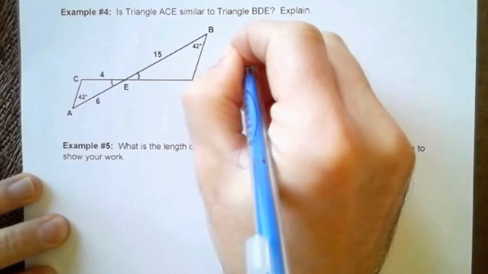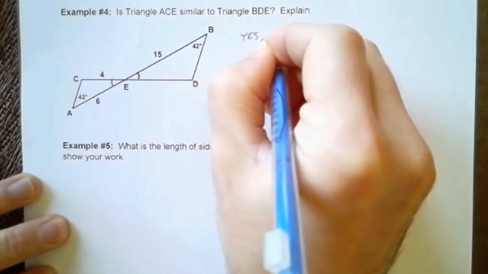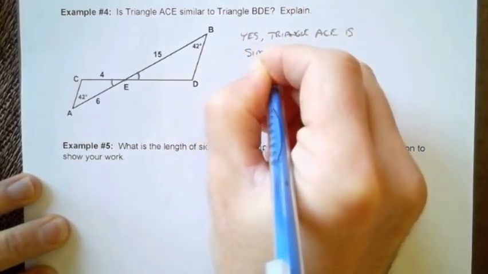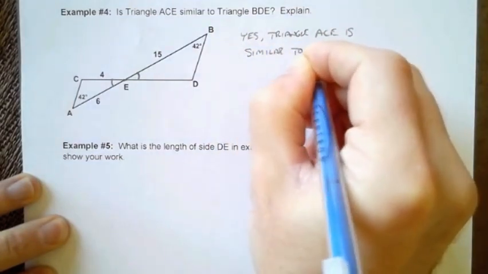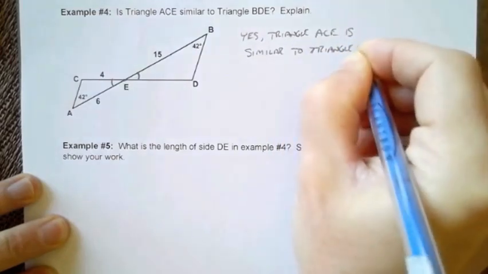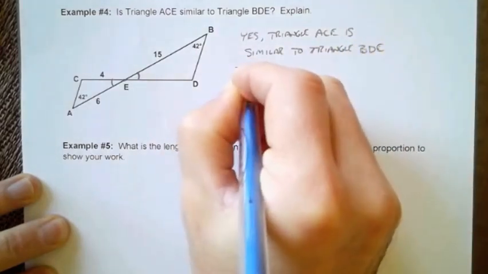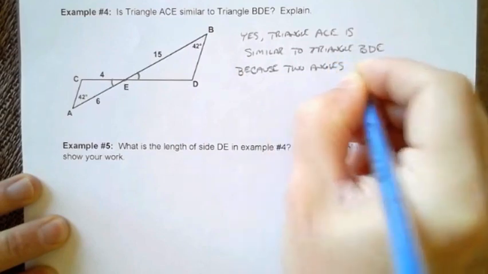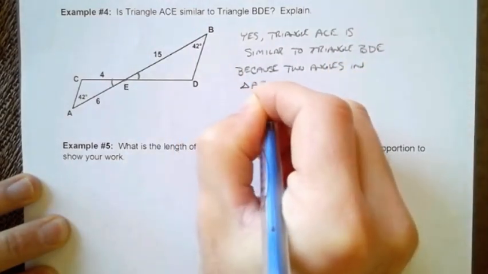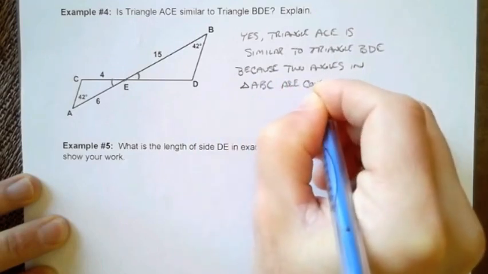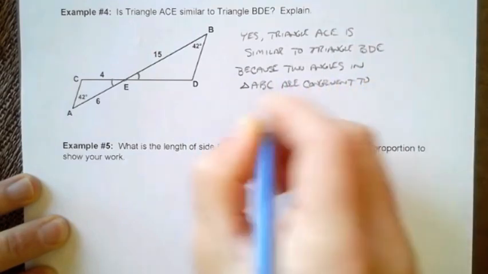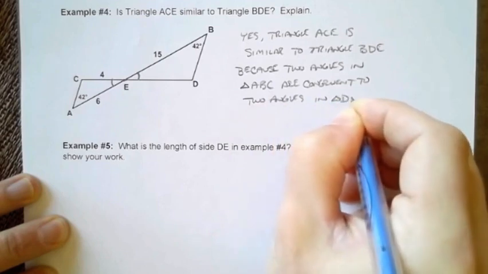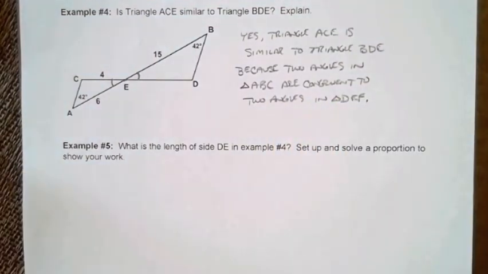So I can say, yes, triangle ACE is similar to triangle BDE because two angles in triangle ABC are congruent to two angles in triangle DEF. Okay, and so that's enough for me to know that these two triangles are at least similar.